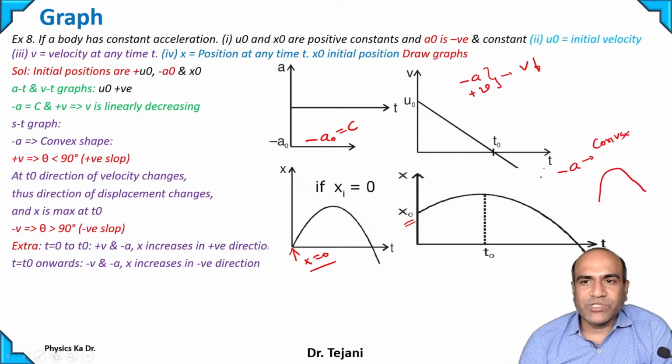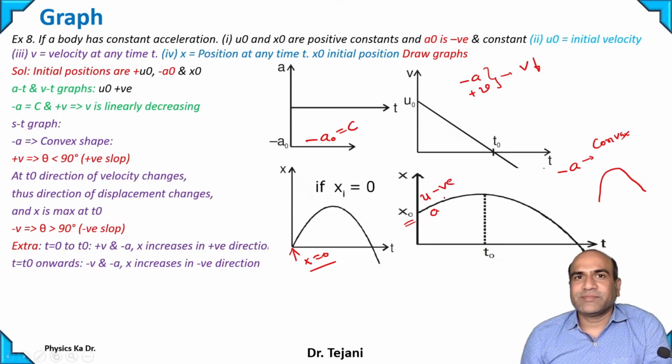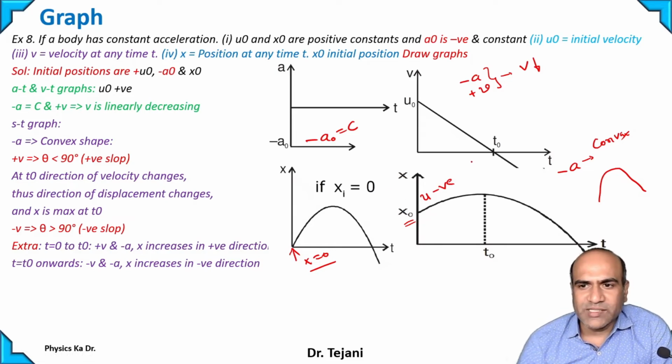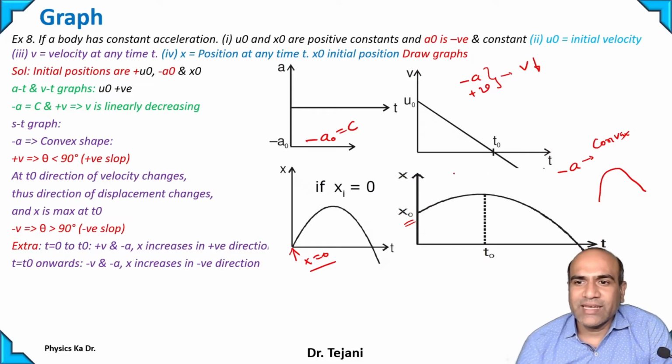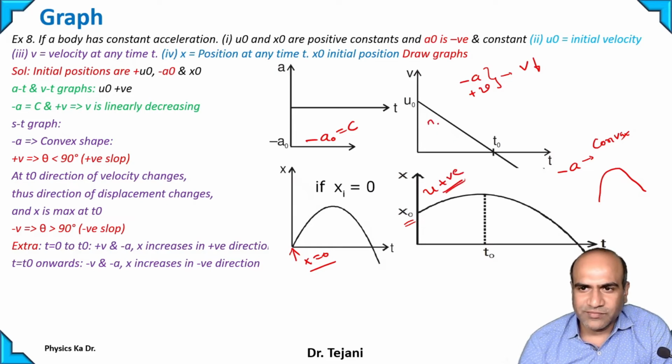And second, we need to check the initial u. Sorry, u is positive for the first case, so the slope theta should be less than 90 degrees.